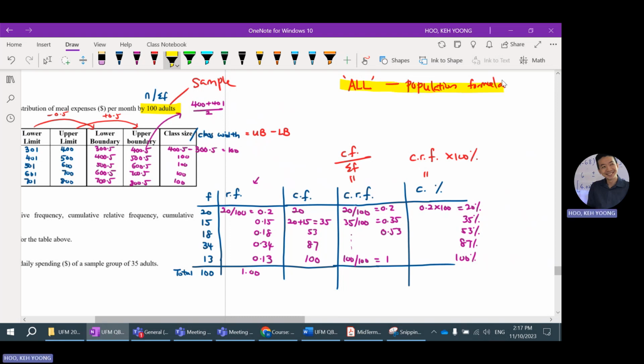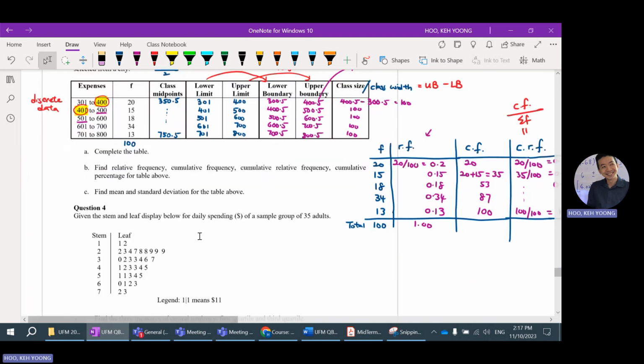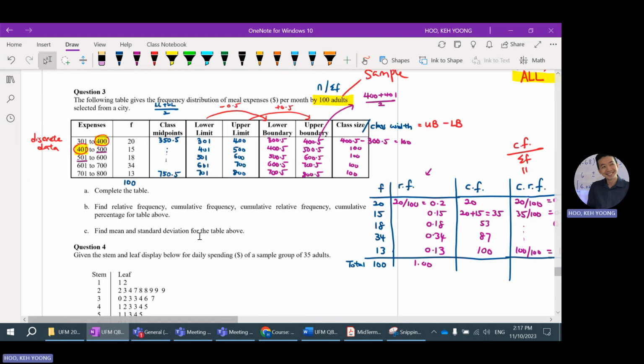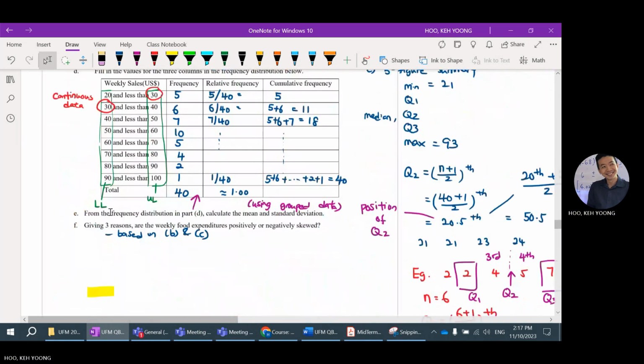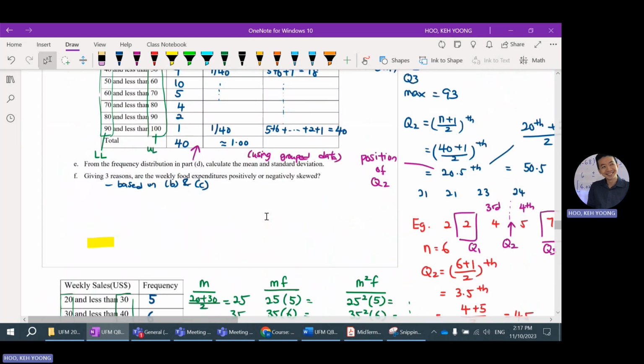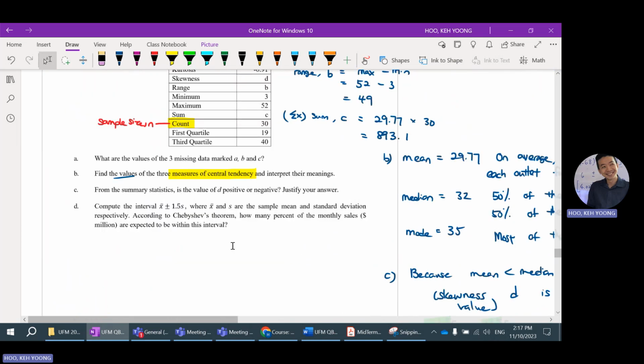So only when you see the word "all" in the questions, you calculate using population formulas. So for question C, you will find sample mean and sample standard deviation. How to find it? It will be like your question 1E, finding the mean and the sample standard deviation using the group data formulas.